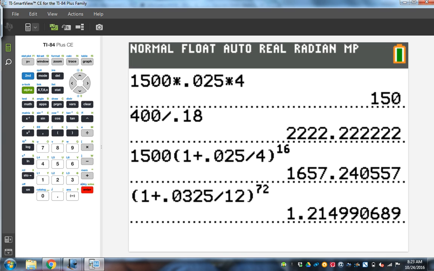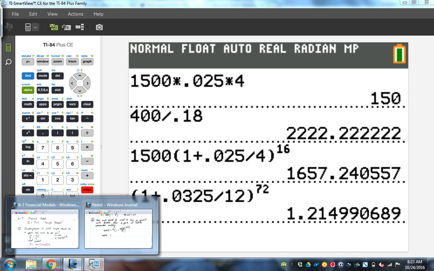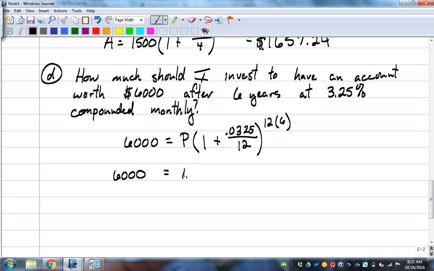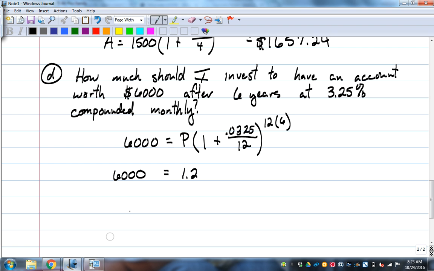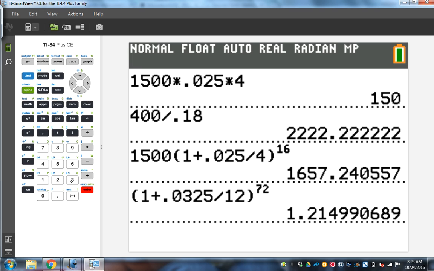Don't round that at all when you do your calculations. 1.214... Then we're going to divide to get our principal investment. Don't round that at all. 6,000 divided by that number.